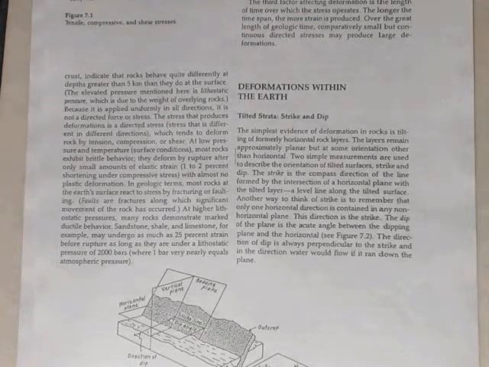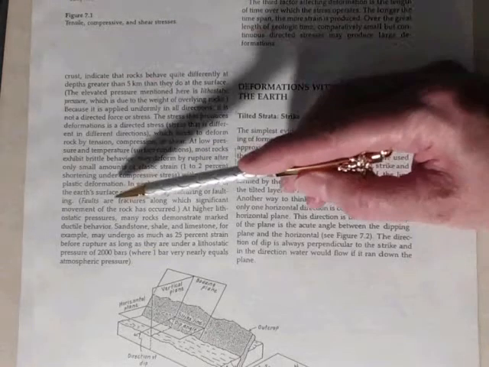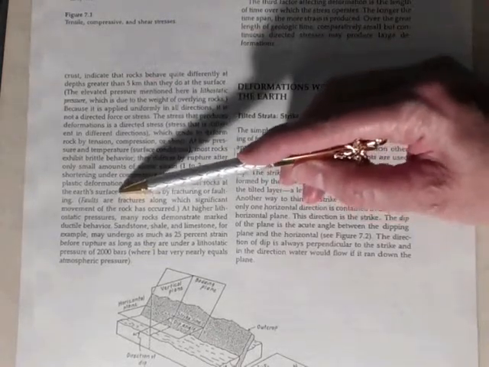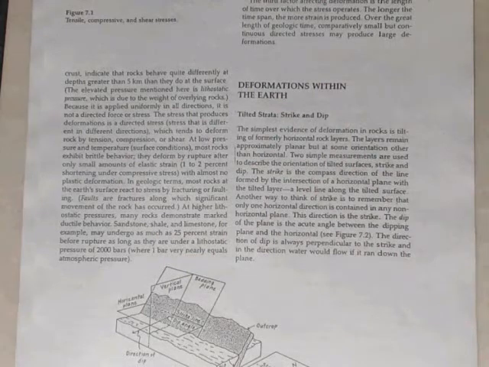Our faults begin right about here, where they begin talking about the faults. These are fractures along which significant movement of the rock has occurred. So there's a break or fracture in the crustal rocks, and one rock body has moved relative to another rock body.